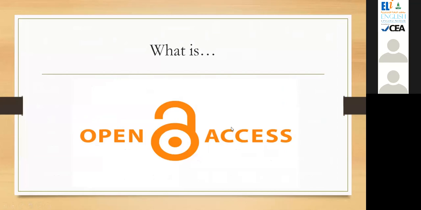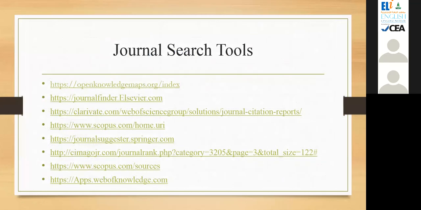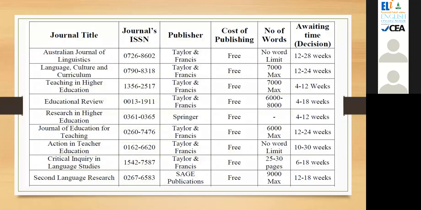Okay, sorry. So for example, if I want to look in any of these search engines or search tools, they will ask me, do you want to search with the title of the journal, or you add the ISSN number. That's why I'm saying that each journal should have an ISSN number.